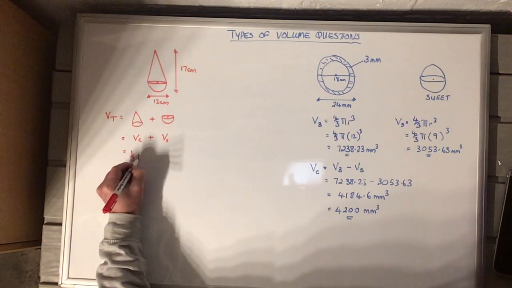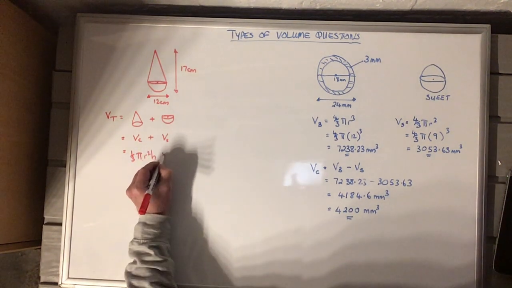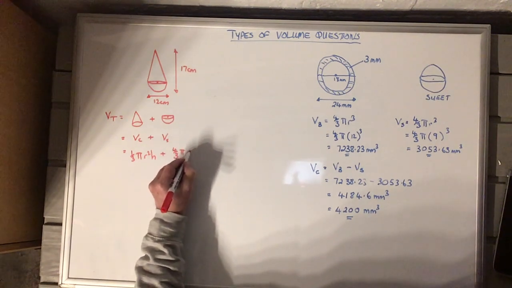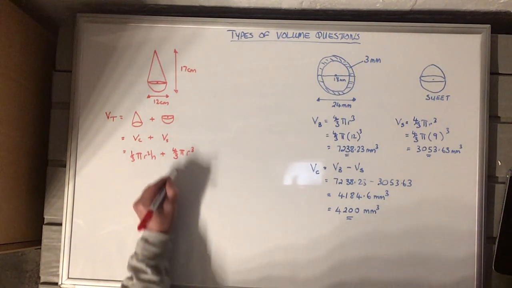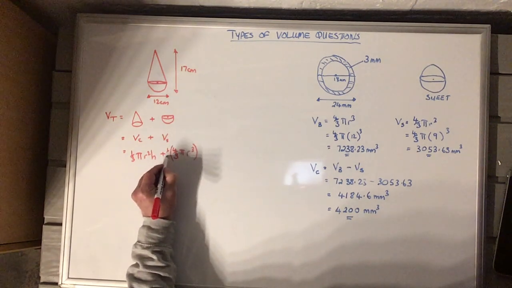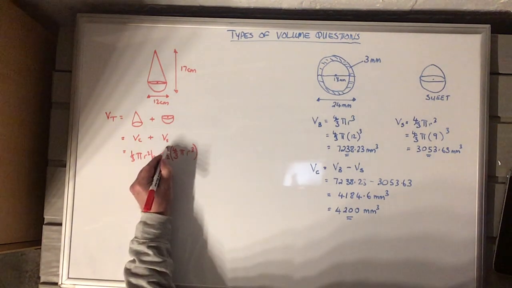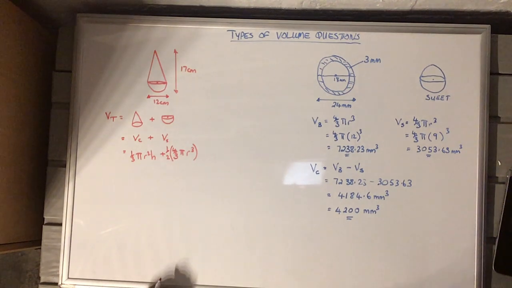It's a third pi r squared h for the cone plus 4/3 pi r cubed for the sphere, but we don't have a sphere. It's half a sphere, so we need to put half of that. So that's us all sorted out now. We just have to work out various wee bits here and add the answers together.